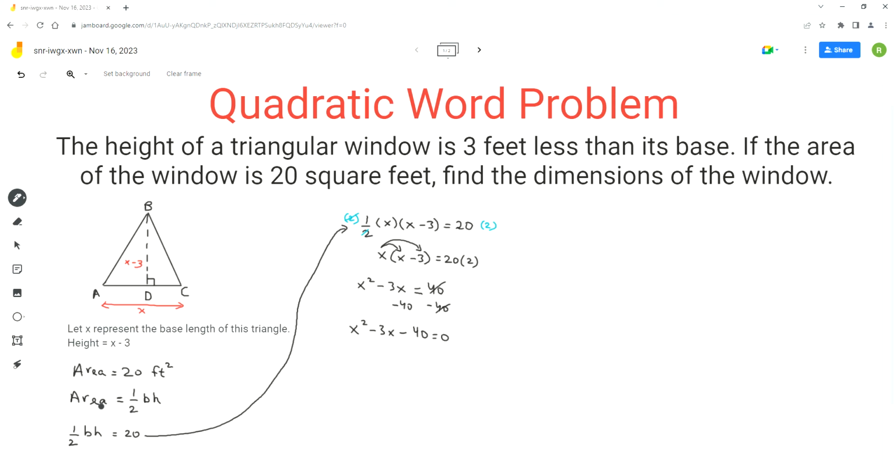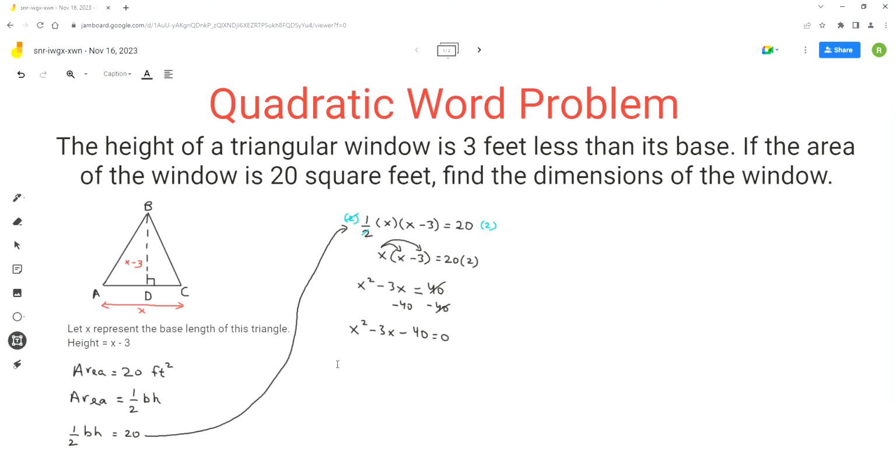So this is a quadratic equation. There are two ways to solve a quadratic equation. Either you do factoring and then solve for the variable, or we use the quadratic formula. In this case, we can use factoring. So we can use the sum and the product rule.